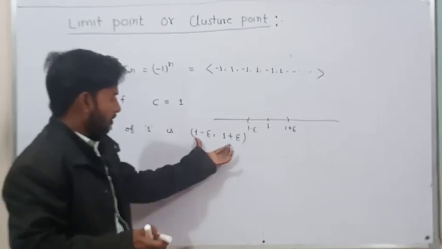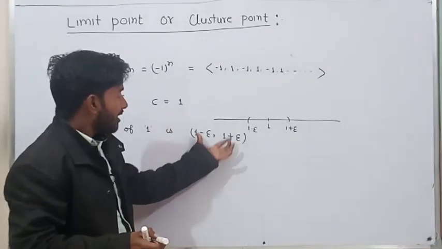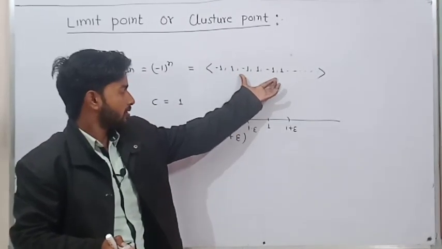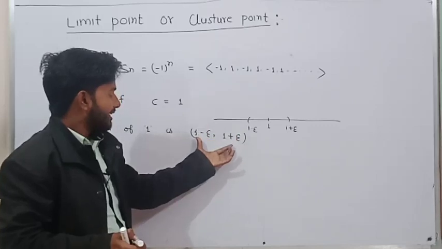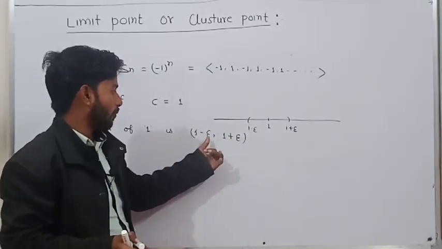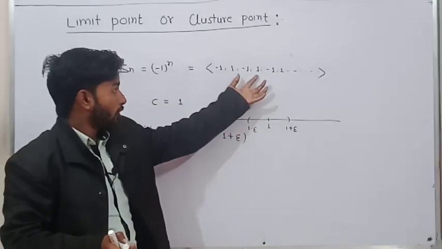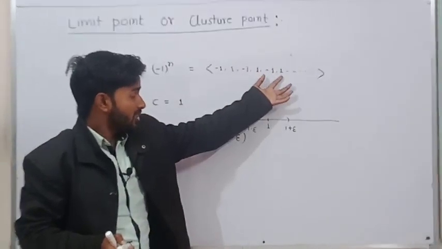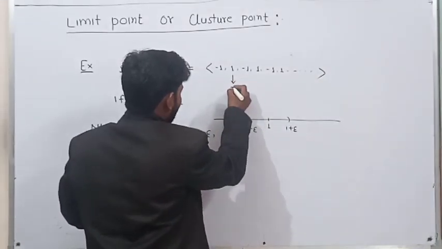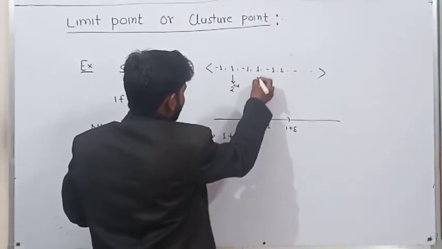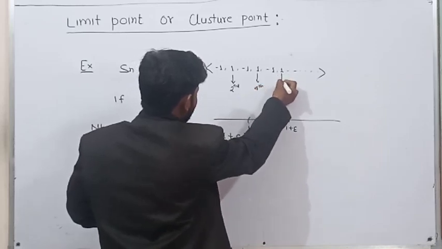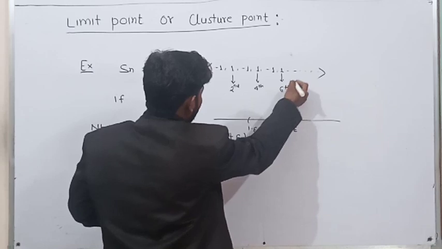In this neighborhood, there are an infinite number of terms of the sequence, such as the second term, the fourth term, the sixth term, and so on.